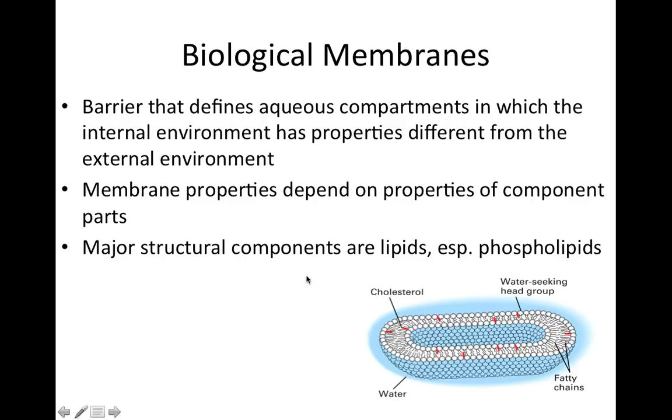Membrane properties depend on the properties of the component parts. So what that means is, if this membrane has more or less phospholipids, for example, or does it have a specific type of phospholipid that makes it more or less flexible?